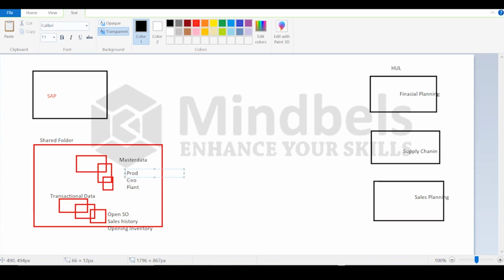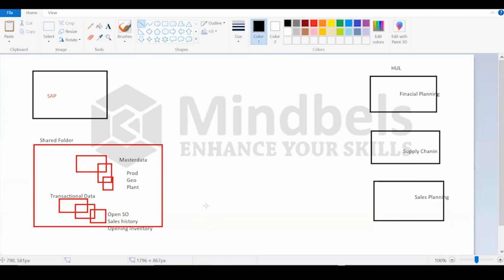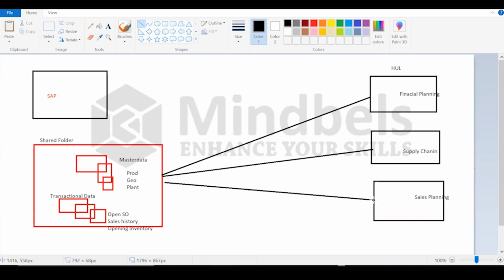Now, this entire geography data and this entire product data, let's say this entire geography data is transferred from the shared folder to financial planning, and this geography data to the supply chain, and similarly to sales planning.